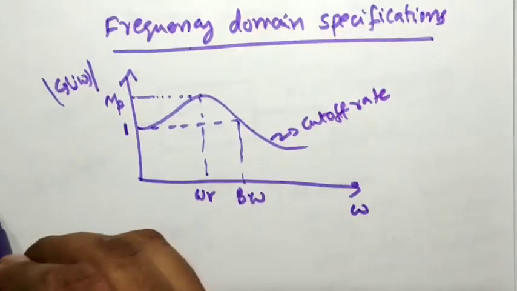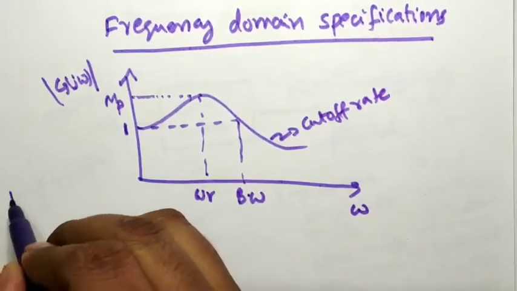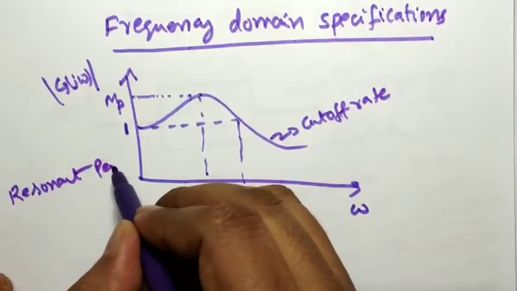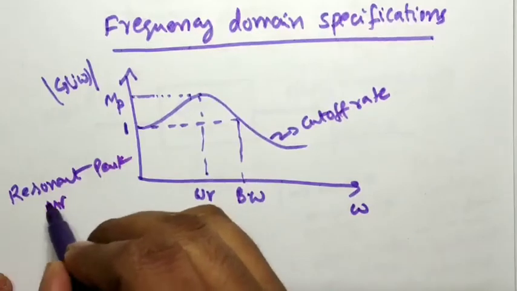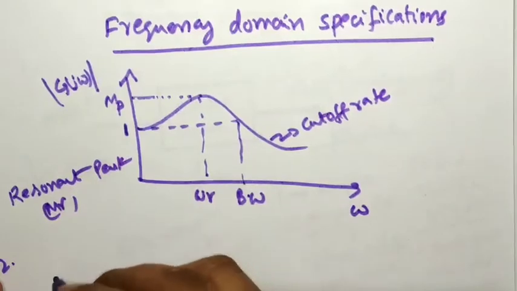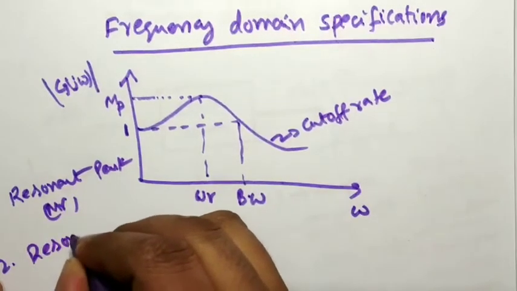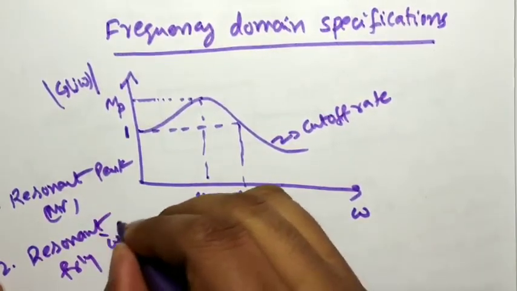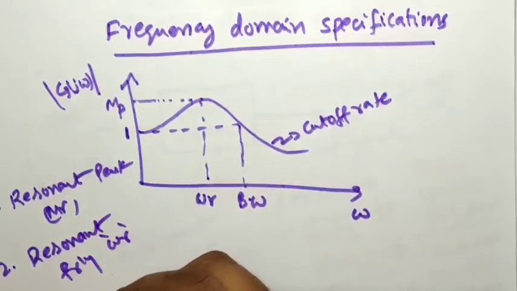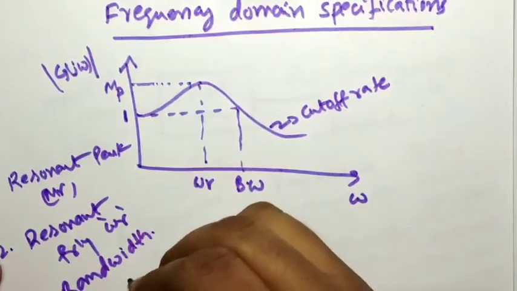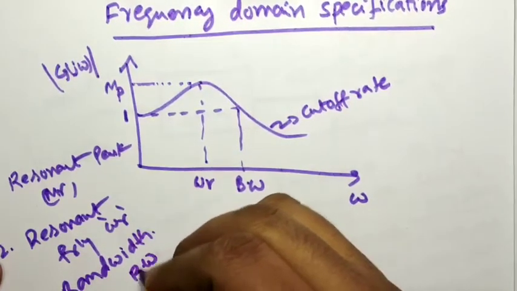The frequency domain specifications here: the first one is the resonant peak, which we generally represent as MR. The second one is the resonant frequency, which I am going to represent as omega r. The third one is bandwidth, which I am going to represent as BW.